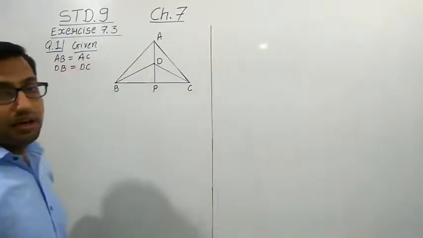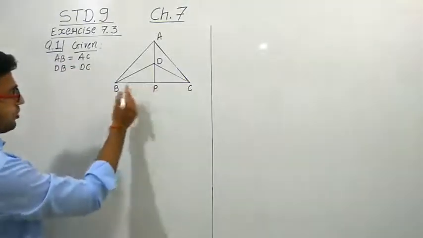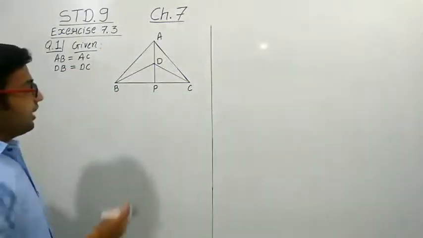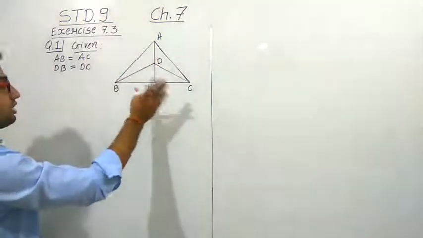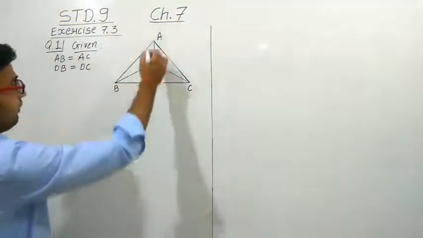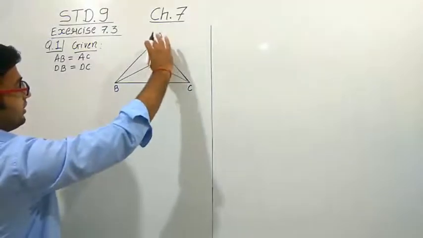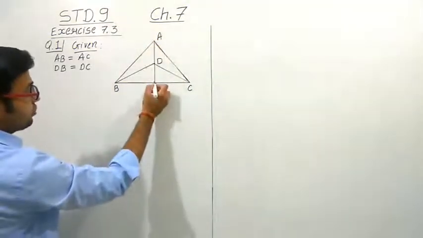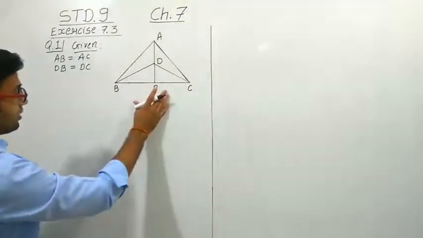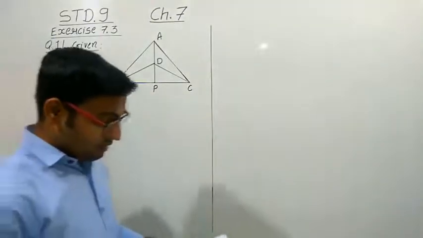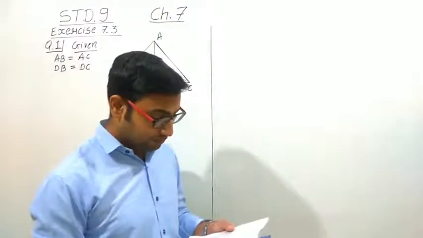This is the given condition. Both these triangles have the same base BC and both are on the same side of BC. That means both are above BC. So if we join AD and extend this AD so that it intersects BC at point P, this is the diagram as stated in the question.